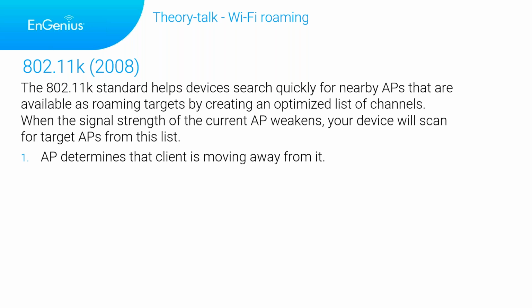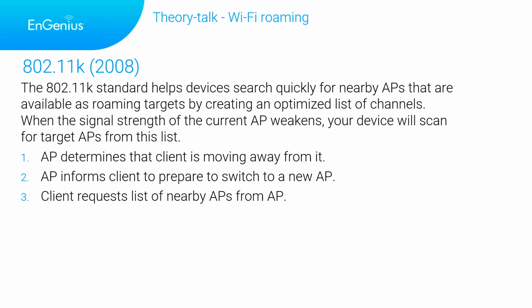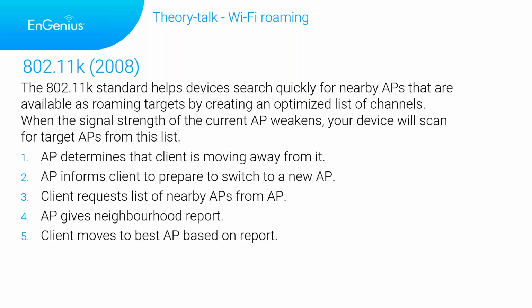When an AP determines that the client is moving away from it, the AP can inform the client to prepare, and the client then requests a list, and the AP gives the neighborhood report with a list of all the access points.